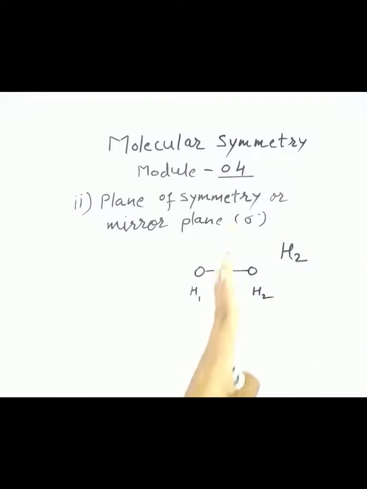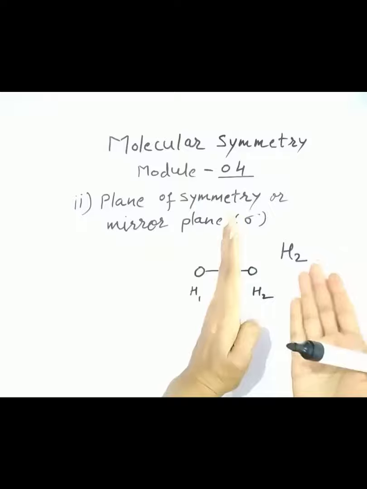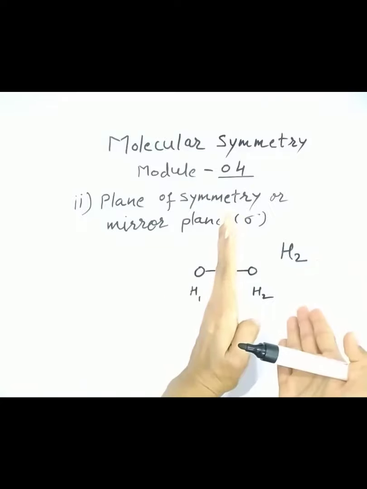If we pass a plane, it is simply a mirror plane, as we use the mirror. Suppose we pass that plane mirror through the center of this molecule, what kind of reflection can you get on either side of the molecule? You can see the same reflection on either side of the plane.